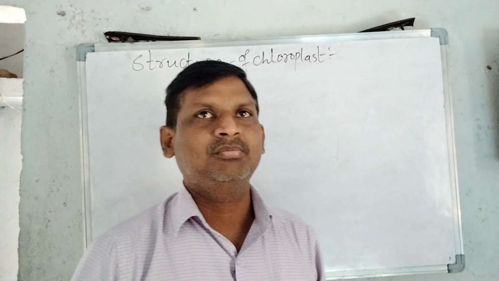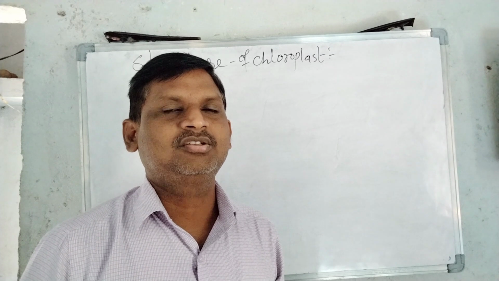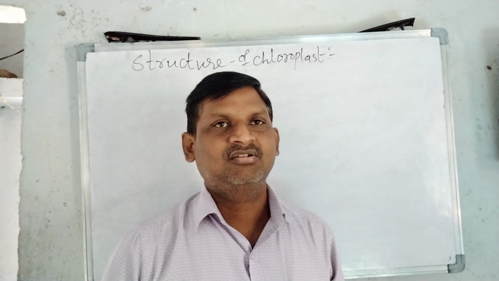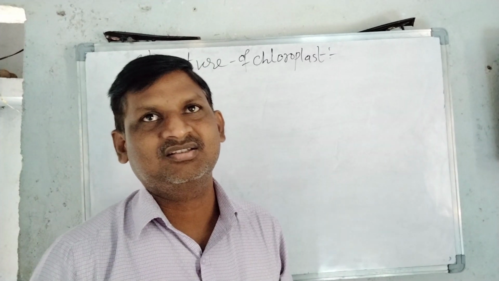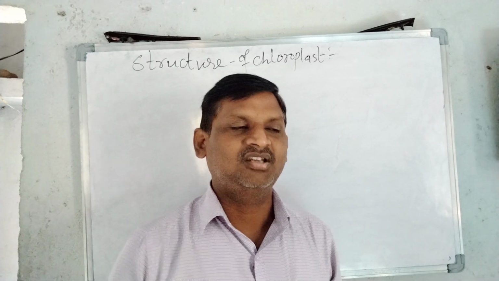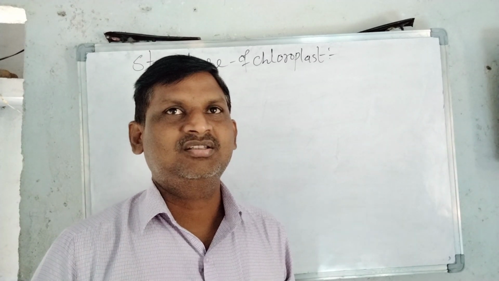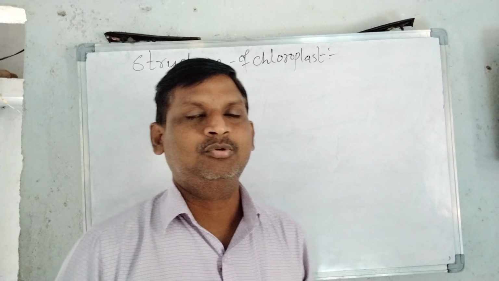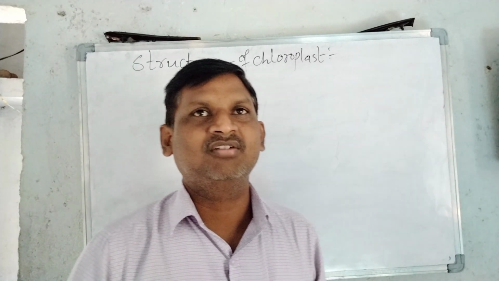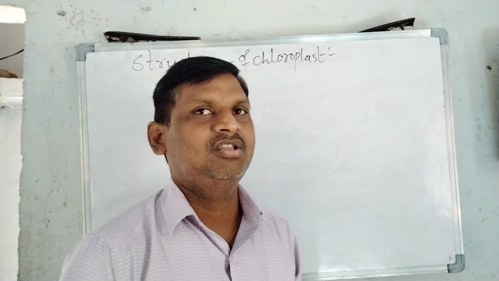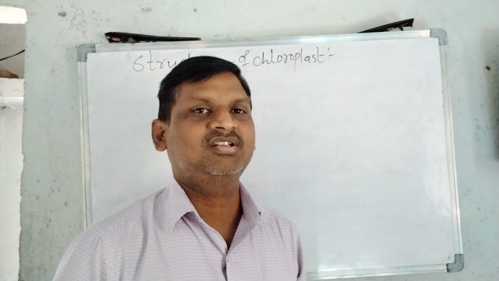Chloroplast is a bound membranous cell organelle. This chloroplast was discovered by Julius von Sachs in the year 1883. In each plant cell there are approximately 100 to 150 chloroplasts.